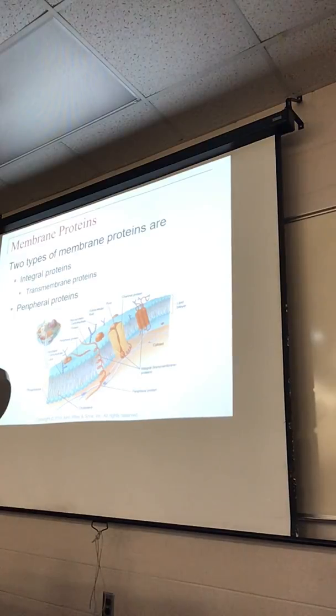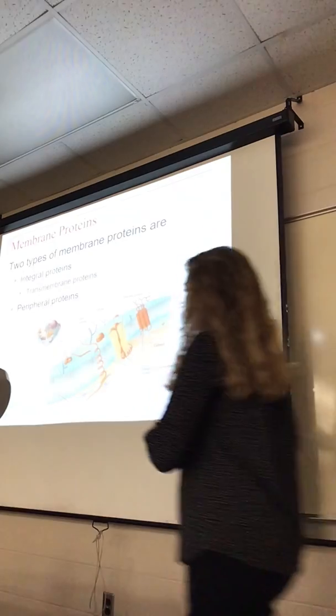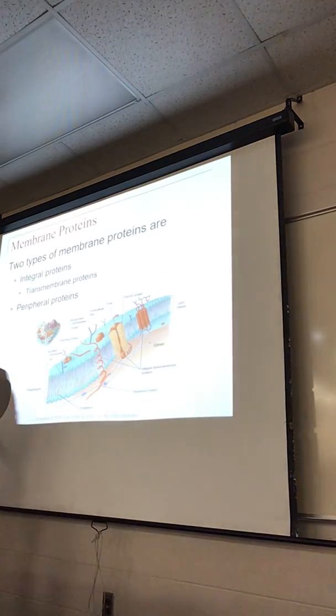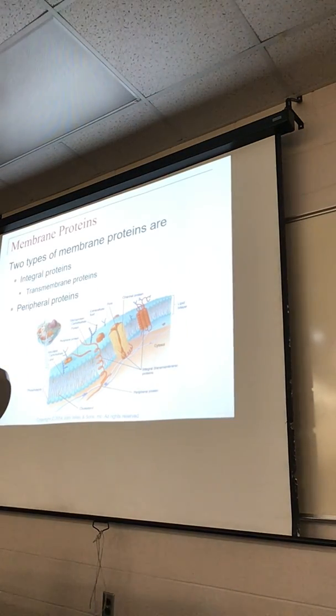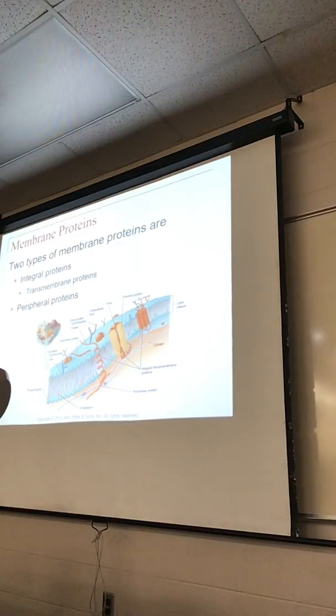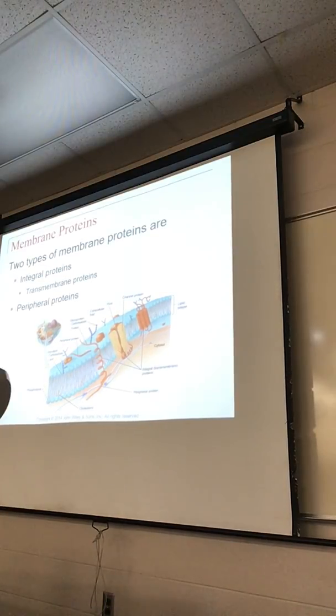So I don't have to erase my glycocalyx over here, I'm going to write it on this side of the board. But you've got two major types of membrane proteins. You've got what we call integral proteins, and then you've also got what we call peripheral proteins.